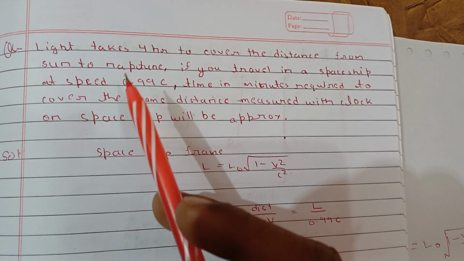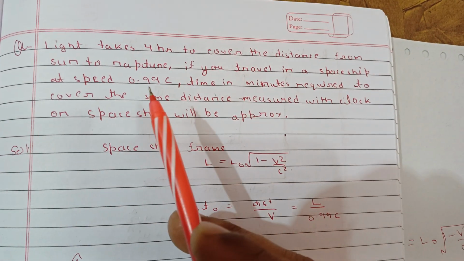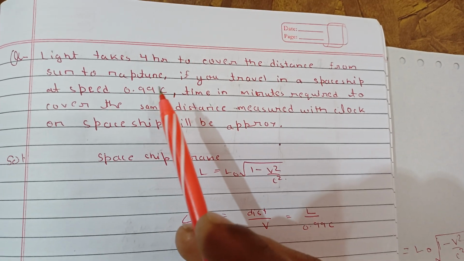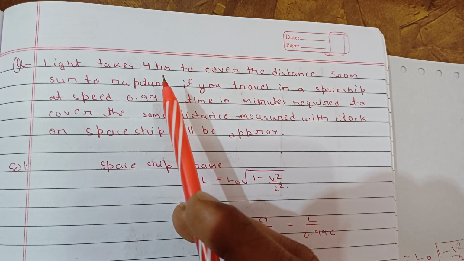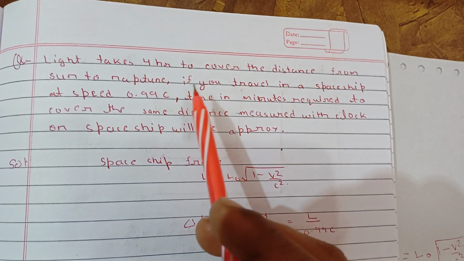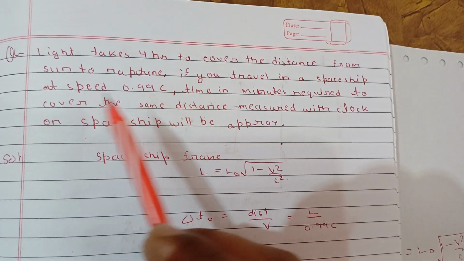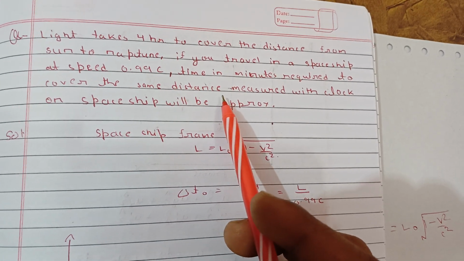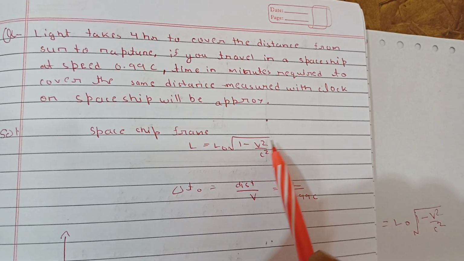Okay, so light takes 4 hours to cover the distance from Sun to Neptune. So the distance will be 4 into c, and just convert it into minutes, then 4 into c into that minute part, and that will be the original length. Then the contracted length according to this moving spaceship will be L equal to L naught root of 1 minus v square by c square.